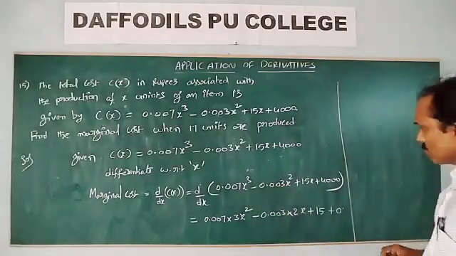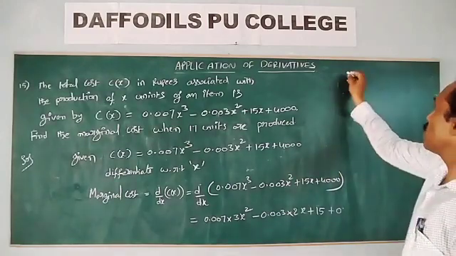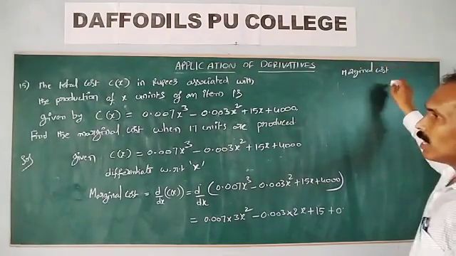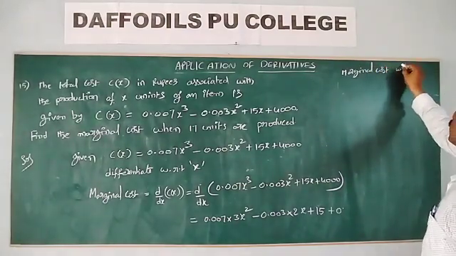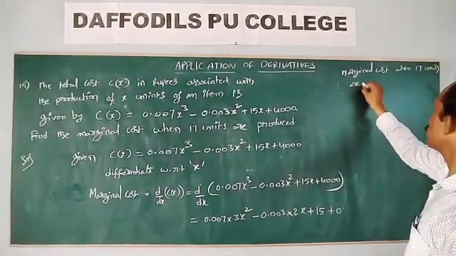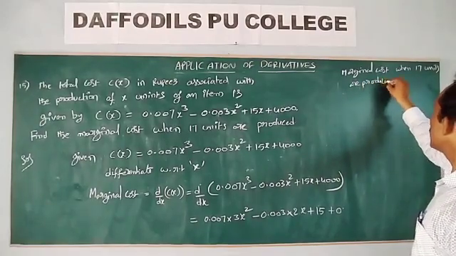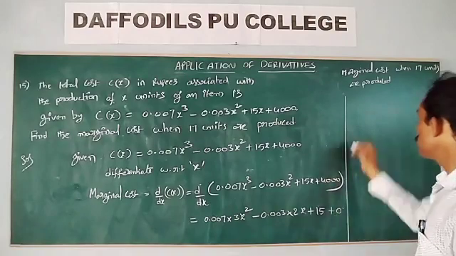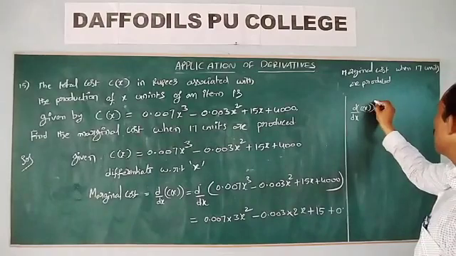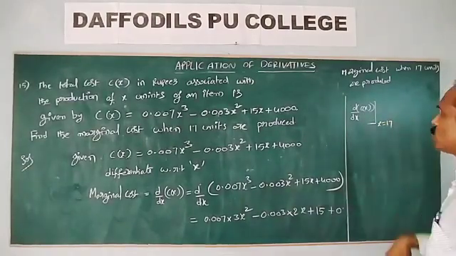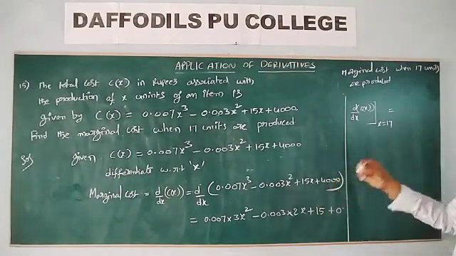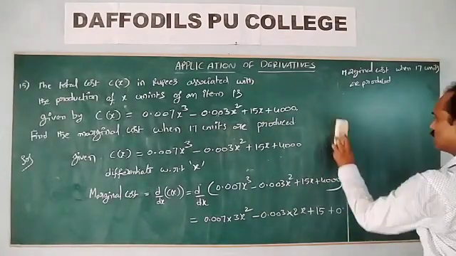So marginal cost when 17 units are produced implies d by dx of C of x at x is equal to 17.